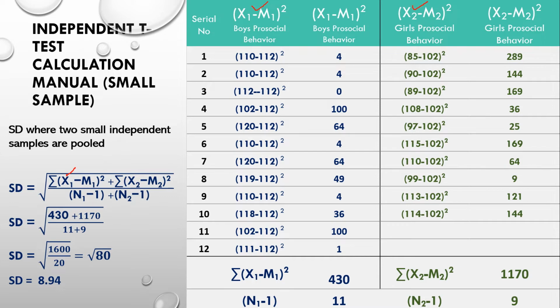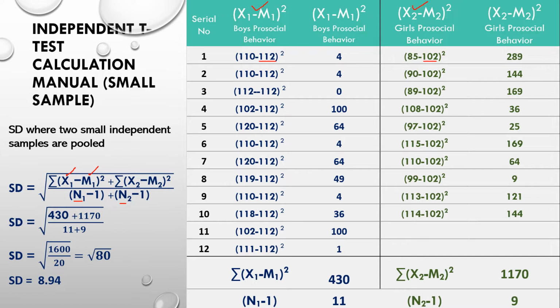So there are two samples, and m1 means the mean of group 1. The mean of group 1 is 112, the mean of group 2 is 102, and n1 is 12 and n2 is 10. So this is the example.